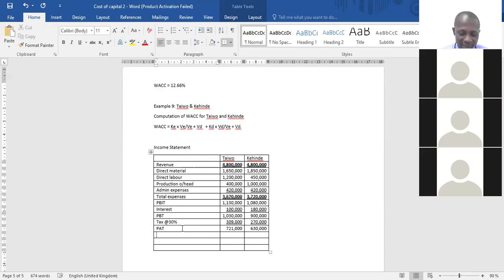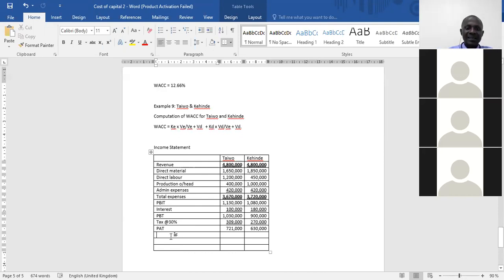Now, in this question, if you go up in the extra given to us, you see that we have preference shares. And of course, I told you that preference share dividend is paid out of profit after tax. So it's different from interest. Interest is paid before tax, but for preference share dividend, you pay after the payment of tax.